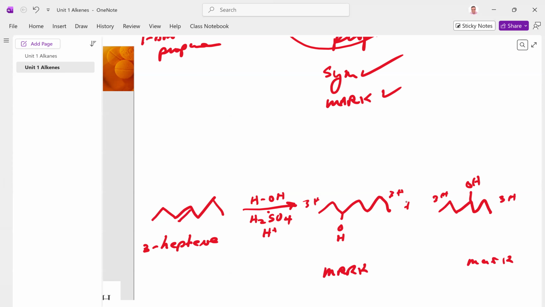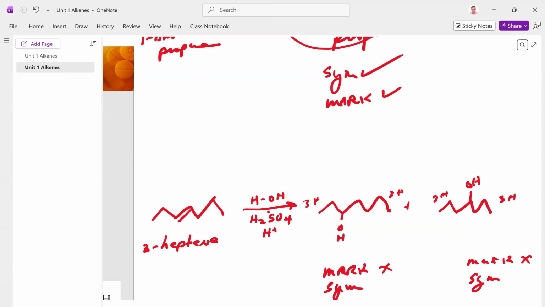Symmetry. What about symmetry? One on the right. One on the right. The OH is more centered.